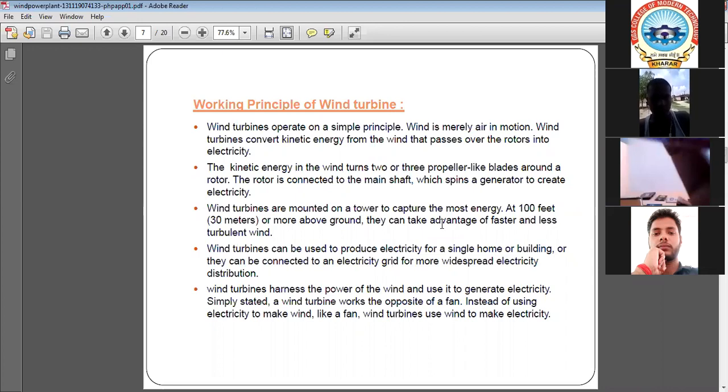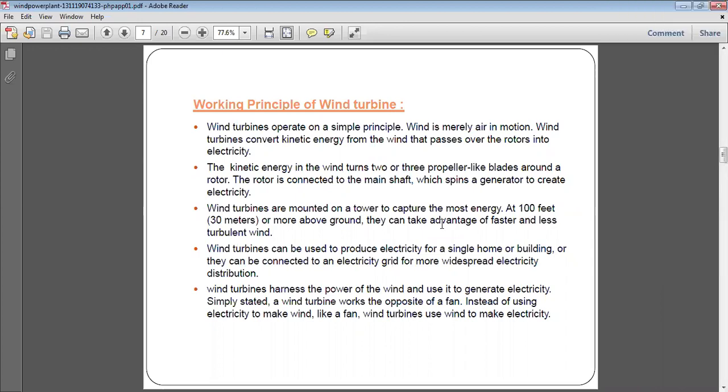Kinetic energy is the energy possessed by a body due to its motion. So the kinetic energy from the wind onto the rotors is connected to the generation of electricity. The kinetic energy of the wind turns two to three propeller-like blades around the rotor.